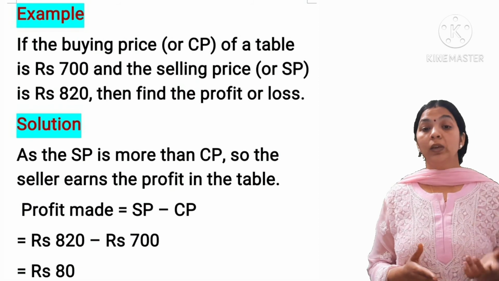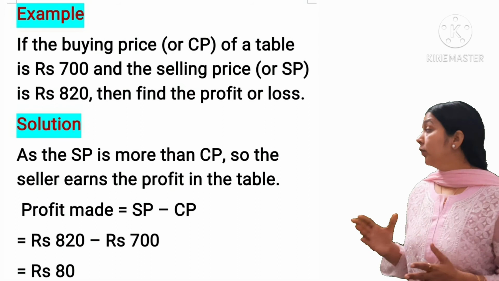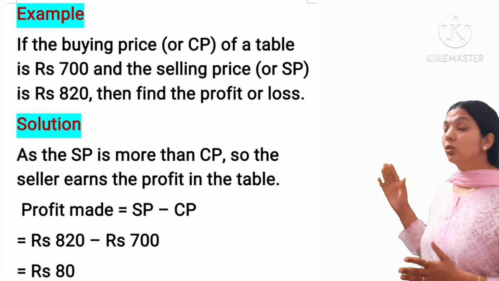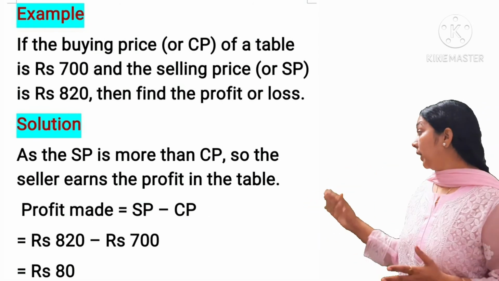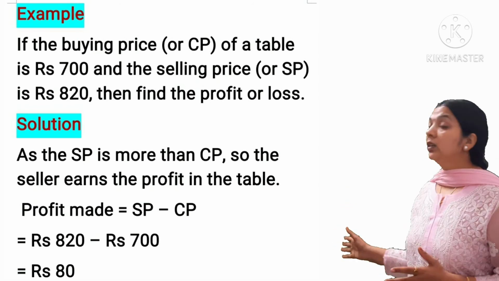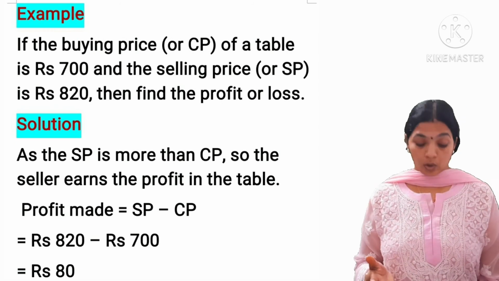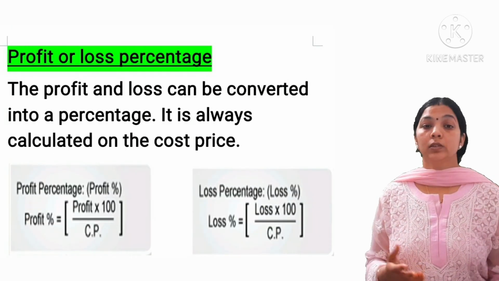When SP is more than CP, the seller earns the profit on the table. So profit will be selling price minus cost price, that is 820 minus 700. So rupees 80 would be the profit on this table.